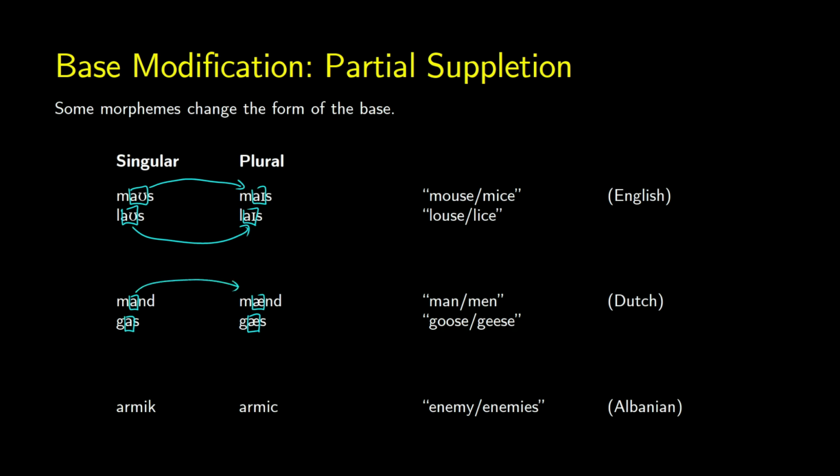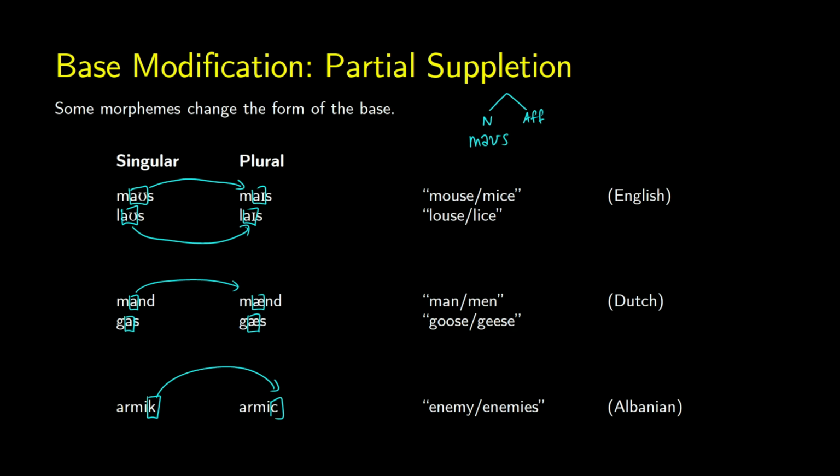In a case like Albanian, it might even be the final sound that changes. So it doesn't have to be something in the middle. It could be something at the beginning, something at the end. But we do see a sound change there as well. Now, how would we do this with the tree? If we were to have mouse, and we know this is a noun, and we want to make it plural, well, normally if we add an affix to it, it adds something to the end of the word.